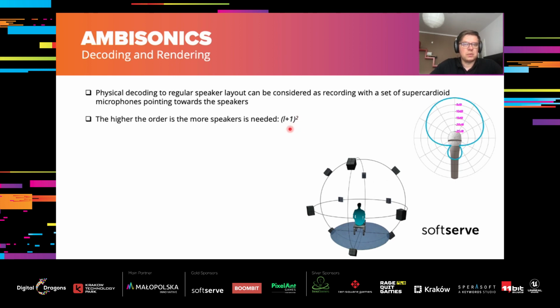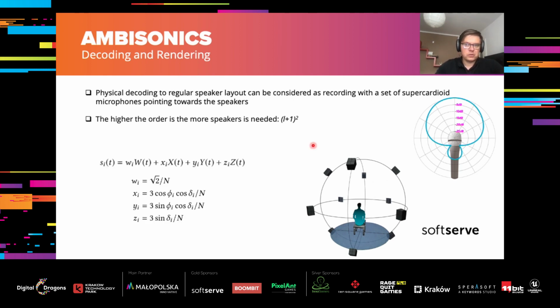So, for instance, for fourth order ambisonics sound field representation, we need at least 25 speakers in our rendering speaker layout in order to properly reproduce the sound field. And just for reference, here is a set of simple equations that can be used for decoding of first order ambisonics to the speaker setup, where the positions of the speakers are determined by, again, azimuth and elevation angle.